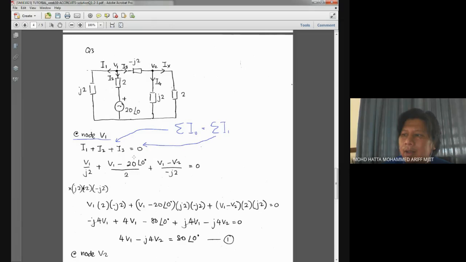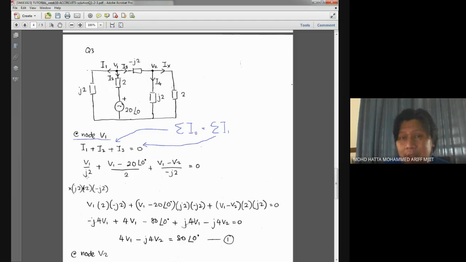The difficult part in nodal analysis is the way we process our equation. If you look at the second line, we have a denominator represented in imaginary value.